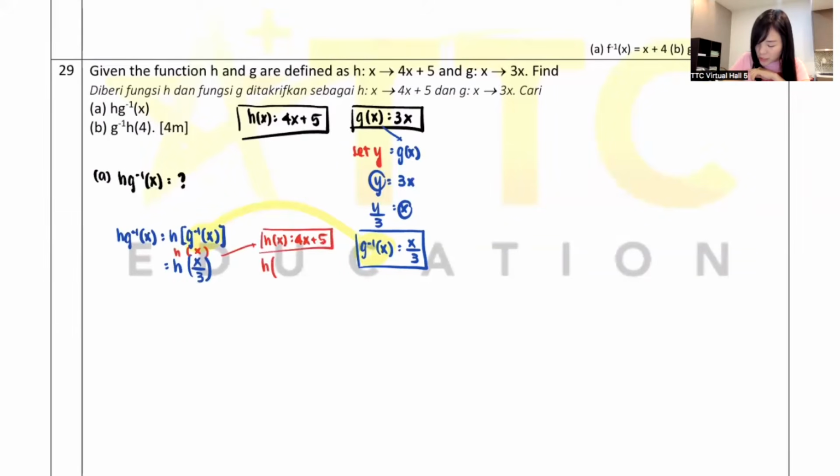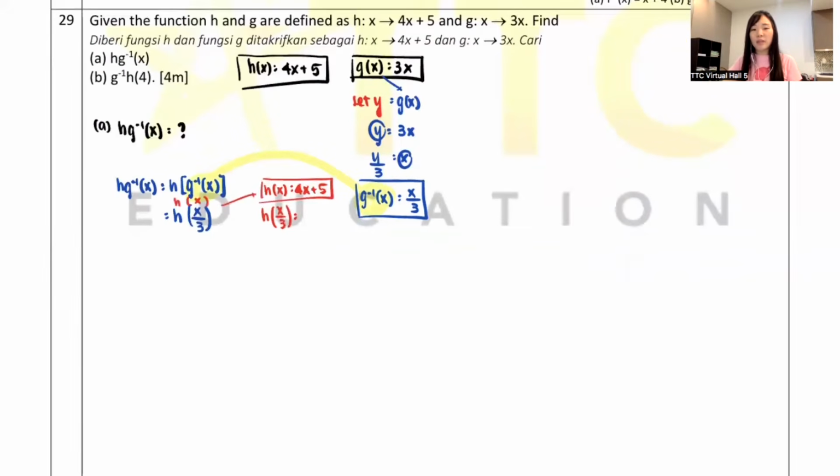But now you're doing h of x over 3, so the x here also becomes x over 3. So now you can write 4 bracket x over 3 plus 5. The rest is maths: open bracket, 4 times x, 4x over 3 plus 5.